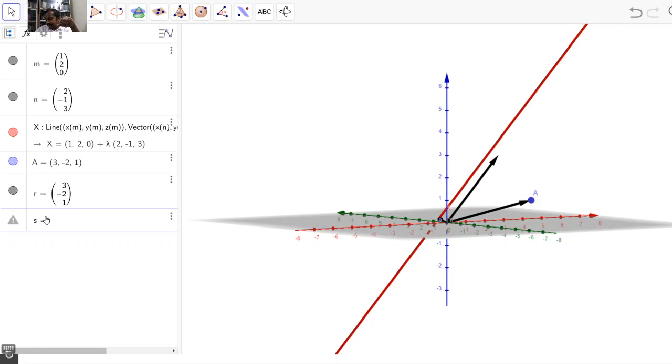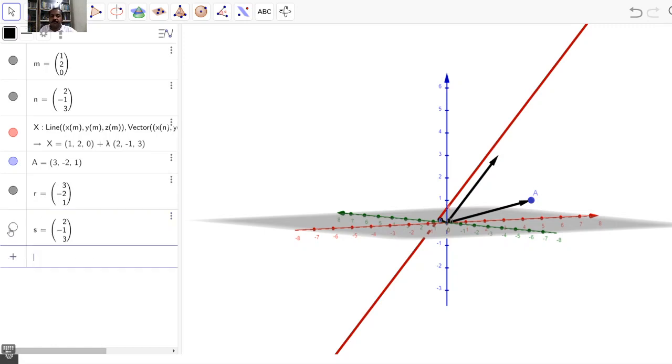S is this vector itself. You can have S equal to N, or you can directly substitute S equal to 2 comma minus 1 comma 3. Enter.